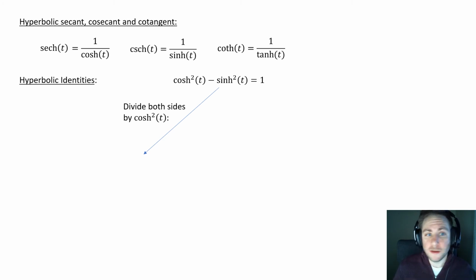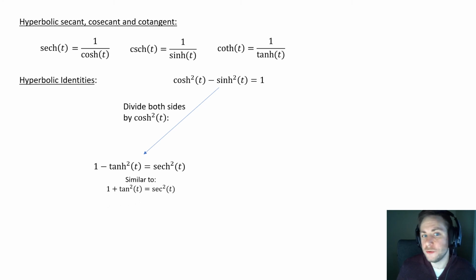So for example, if you were to divide both sides by cosh squared of t, then you can come up with this new identity which relates hyperbolic secant and tan. I suggest pausing here to check this division for yourself, but what you'll notice about this identity is that it's very similar to another trig identity that we know from high school. So here's yet another reason why hyperbolic functions are named after trig functions.